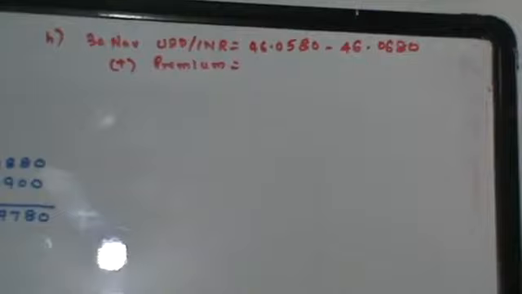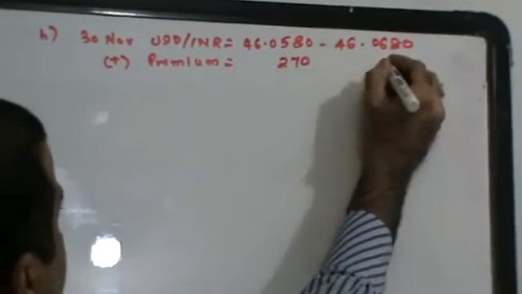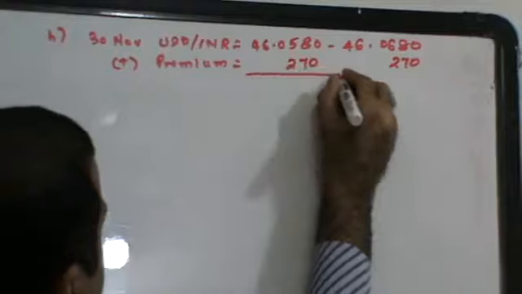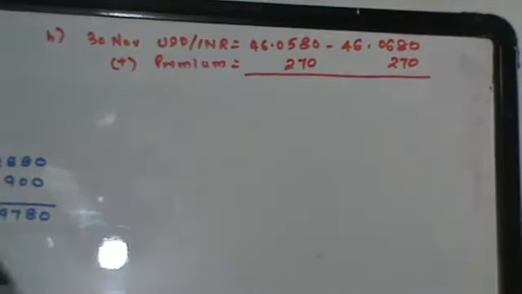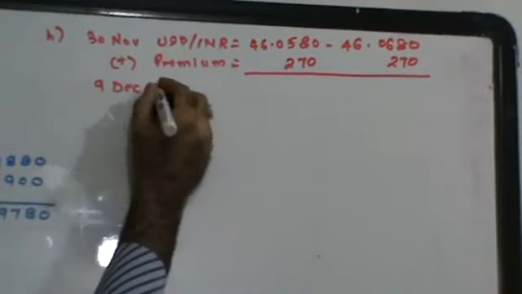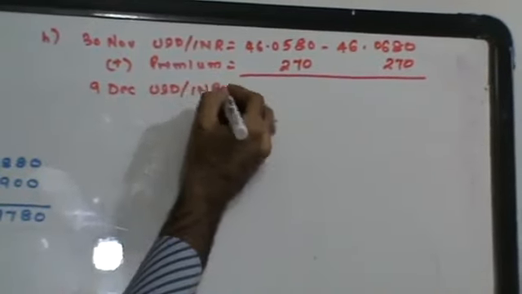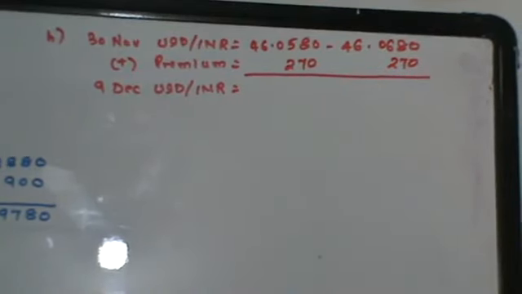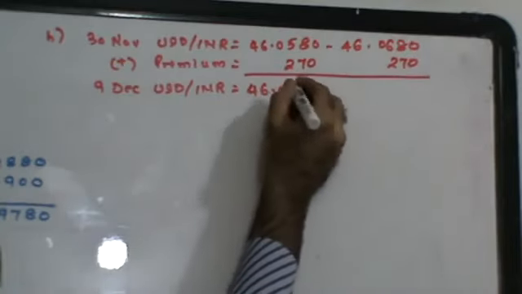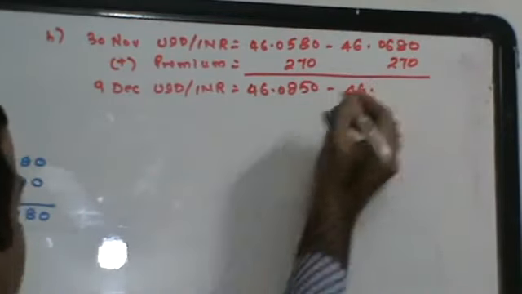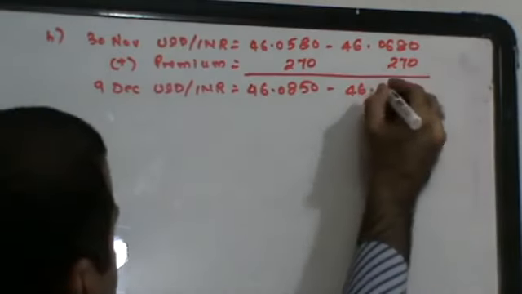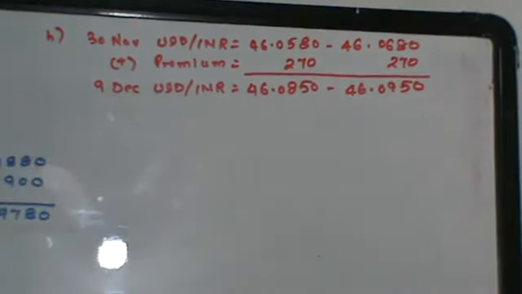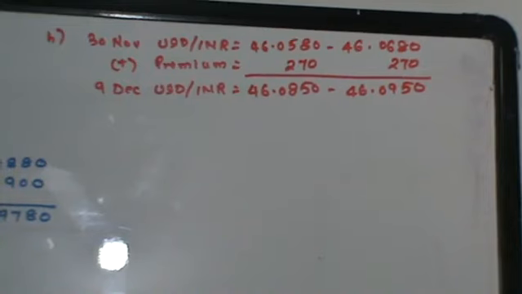We found out the proportional forward margin is 270 points. So on 9th December USD INR is going to be, add this, when you add this, this will come to 46.0850 and 46.0950. Right, so that will be my quote for 9th December. Right, so do we understand how we use proportional forward margin? Right, we'll stop this here for the day. Thank you very much.